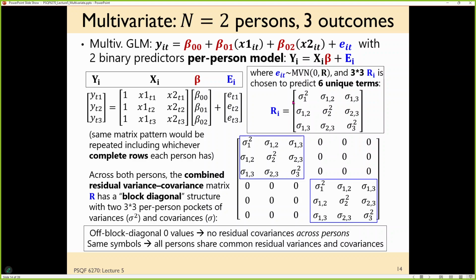All right, so this is an example then with 3 outcomes per person. And then the question is, does the variance of the first one need to be the same as the variance of the second and the third? And then the covariances here, should these all be the same or should they be different? And the good news, you already know how to decide this.